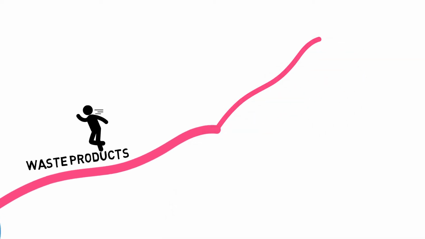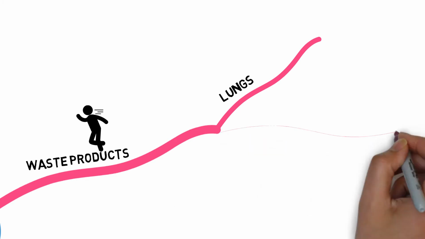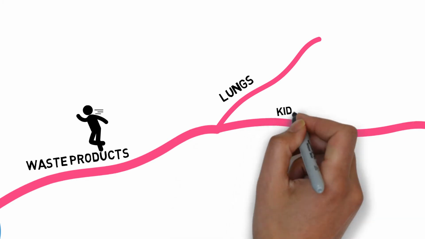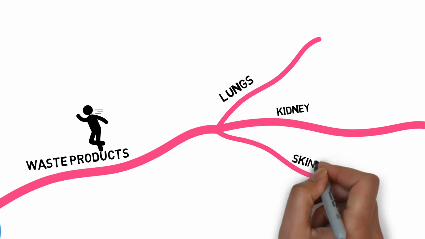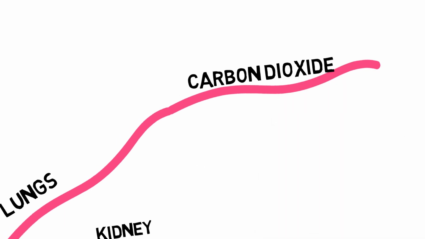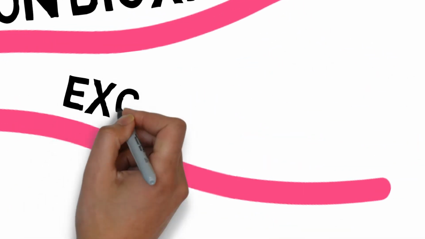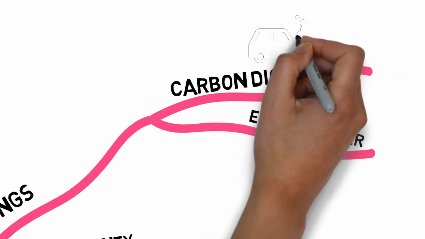So again, on this, we're going to work on 3 levels. Again, we have waste product that comes from the lungs, kidney, and the skin. So we're going to have 3 routes just to make our work simpler. And then, of course, in the lungs, what are some of the things that are excreted? We have carbon dioxide, we have excess water. Then in the middle, on the kidney region, we have excess water, of course.